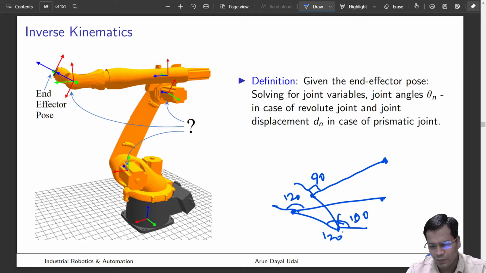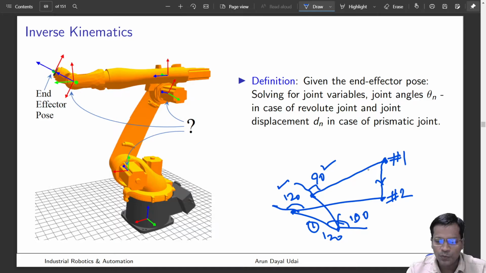So the first link goes from 100 to 120 degrees, the second link goes from 90 to 120 degrees, and then this end effector point shifts from this to this. So this is your first location and this is your second location.